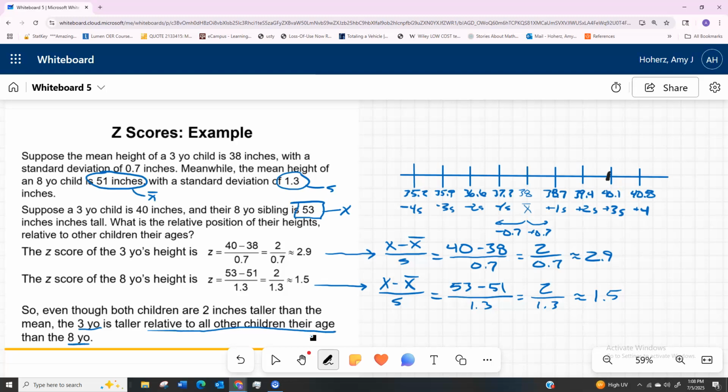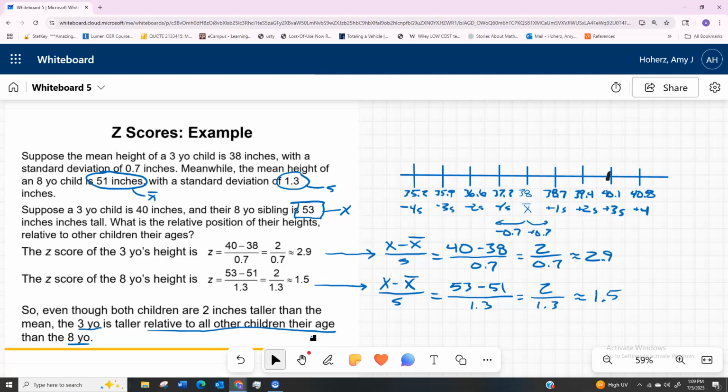So it's more unusual, we could say, for a 3-year-old to be 2 inches above average than it is for an 8-year-old to be 2 inches above average. They're still both above average. They still both have positive z-scores, but relative to their peers, a 3-year-old being 2 inches higher than the average is less common than being an 8-year-old and being 2 inches above average.